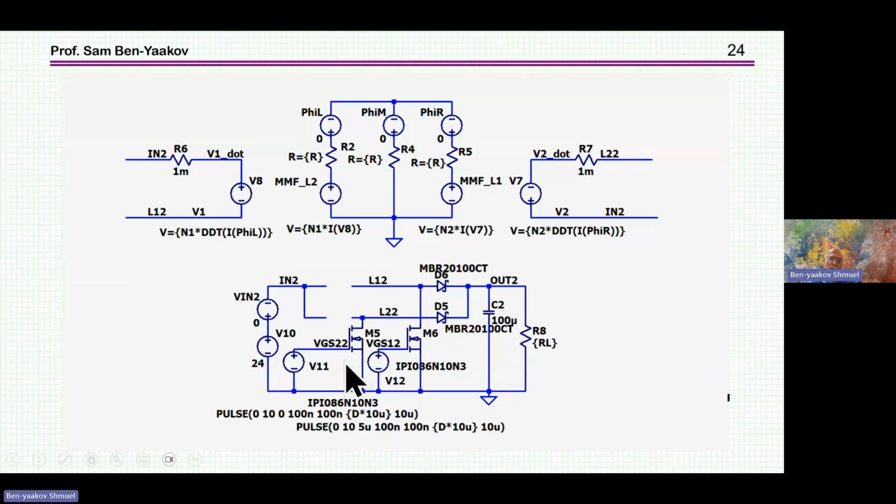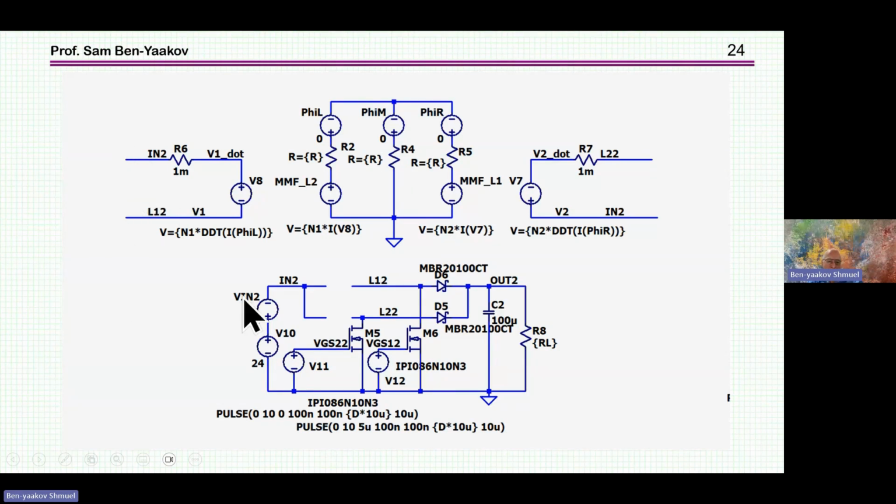Now that we have the 2 tools, we can combine them. So rather than having here an inductor, or coupled inductor, I should say, I have this structure, which represents the magnetic part of the coupled inductor plus the two terminals, which are representing the inductor.